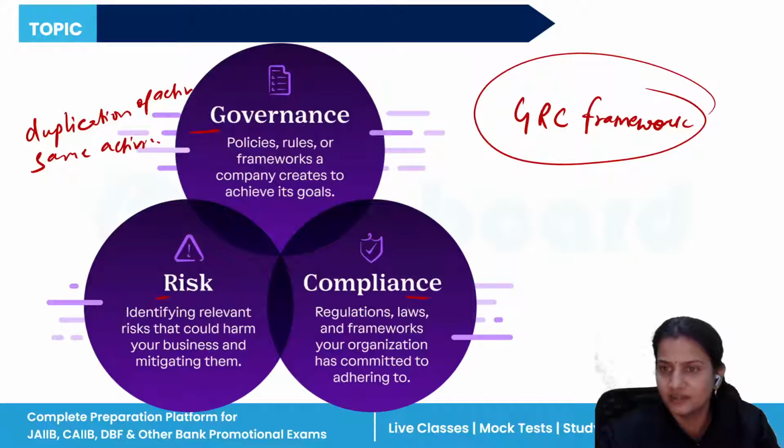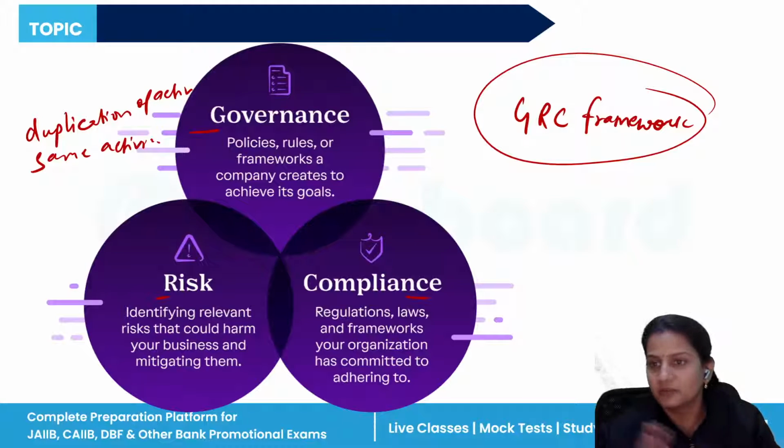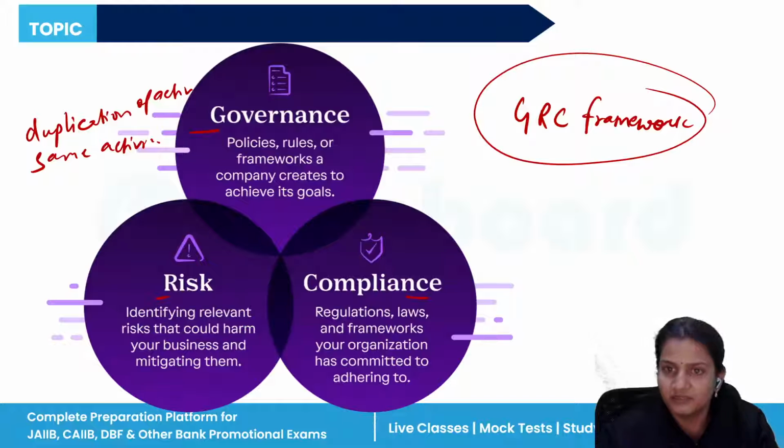We found that these activities are interrelated to each other. So why do them in separate places? Let's combine these things together, do them at one place, and make it the GRC framework. Now, governance in GRC is related to the policies, rules, and frameworks a company creates to achieve a goal.